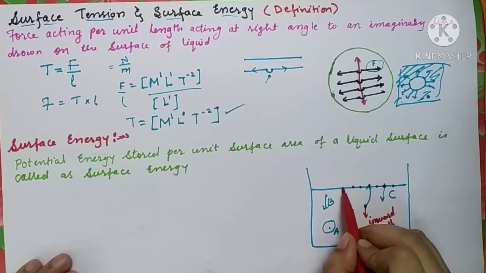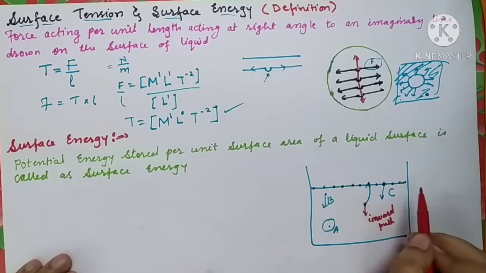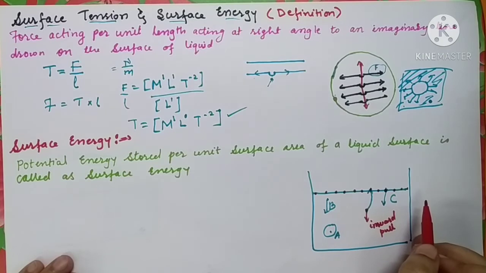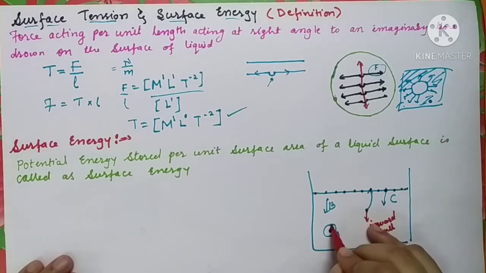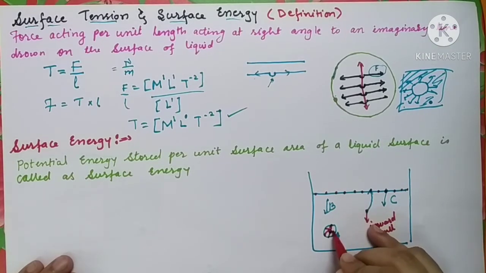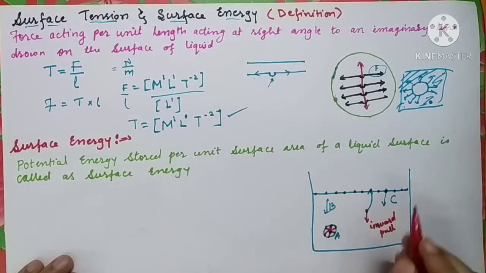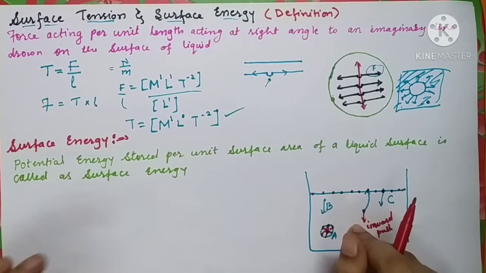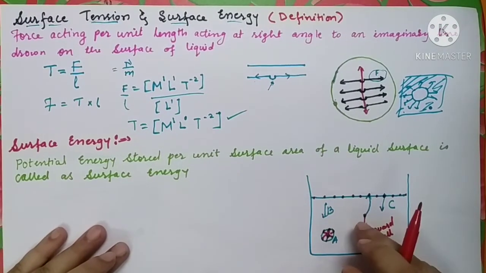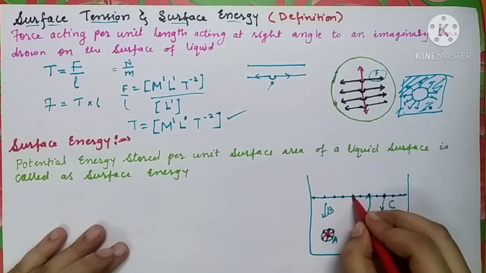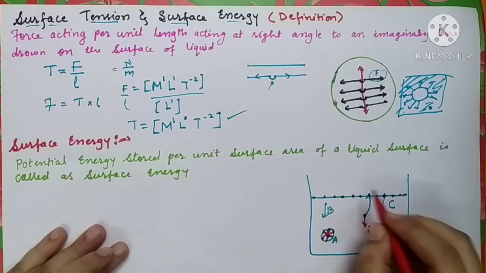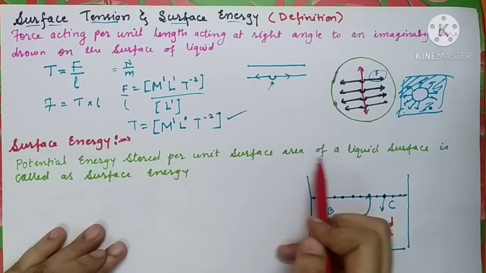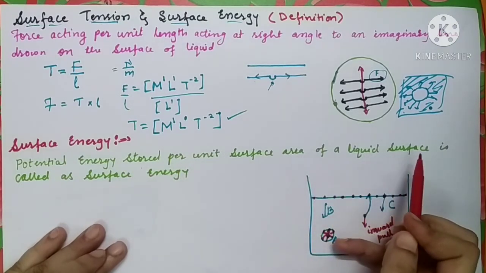So each molecule present on the surface of a liquid will have higher potential energy as compared to a molecule which is completely within the liquid. So as the surface area increases, surface energy also increases. Let us define this surface energy. It is defined as potential energy stored per unit surface area of a liquid surface.